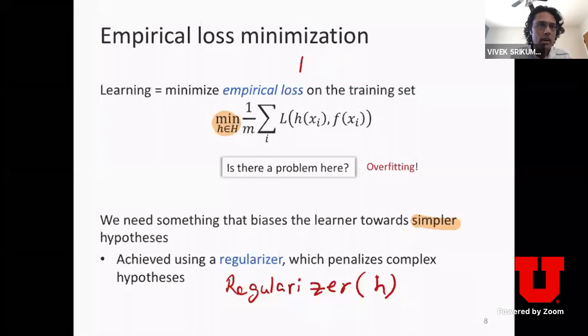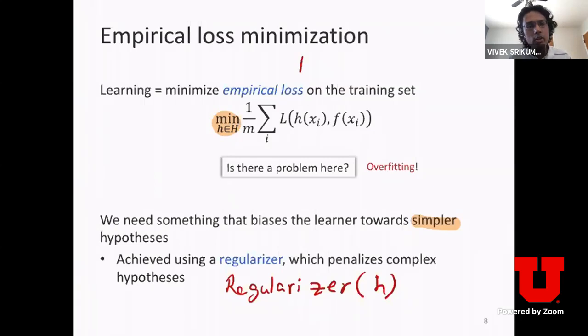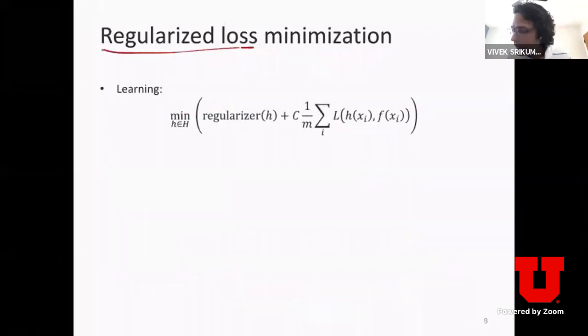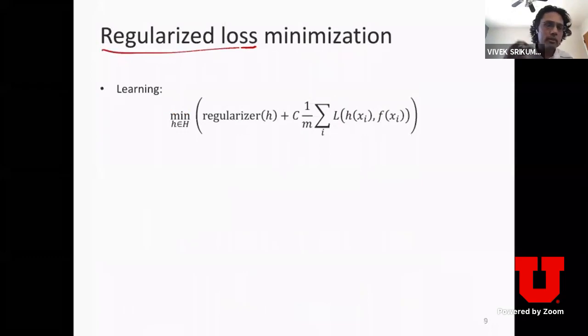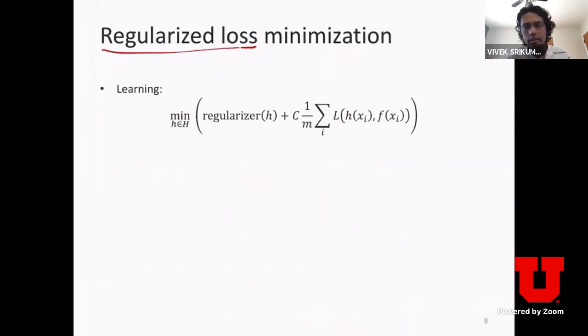And this number is larger for more complex hypotheses. So we can introduce a regularizer, and instead of just loss minimization, this gives us regularized loss minimization. The full name is really regularized empirical loss minimization.